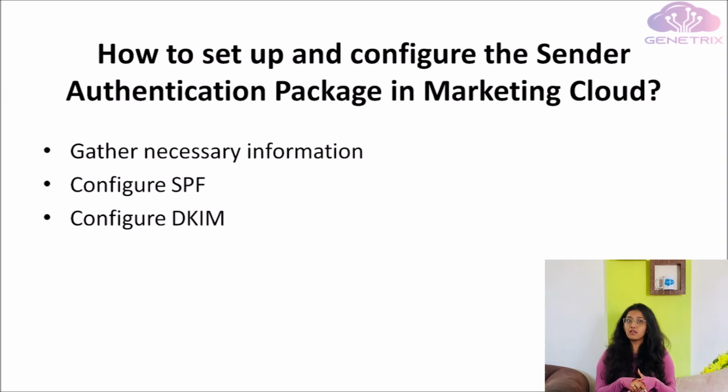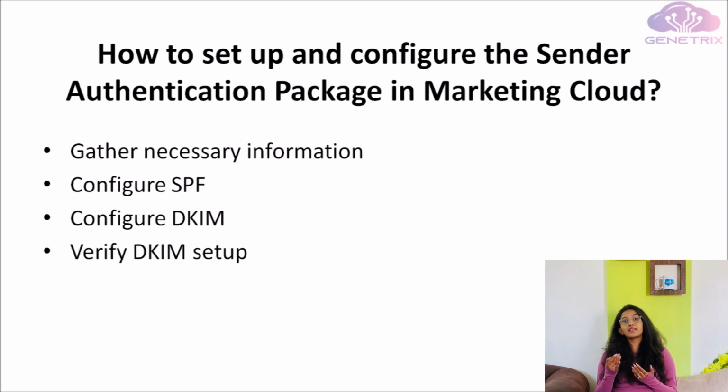I will add a link later in the description of this video, and you can check it from there. Next, we verify the DKIM setup. After adding the DKIM record to your DNS, verify that it's properly set up. You can use tools like DKIM Validator to check the DKIM signature on your emails.